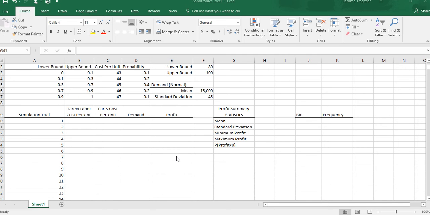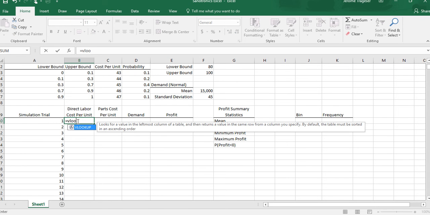So from here, we're again told that the direct labor costs follow a discrete probability distribution. And we're going to use a random number generator, and that's called VLOOKUP function. Because the lower bound is in the first column, then we are going to enter equals VLOOKUP.